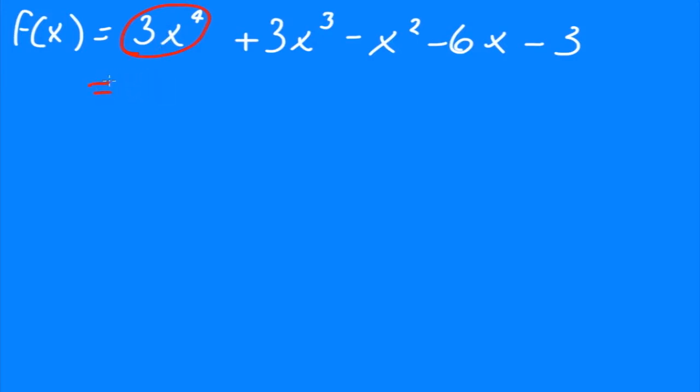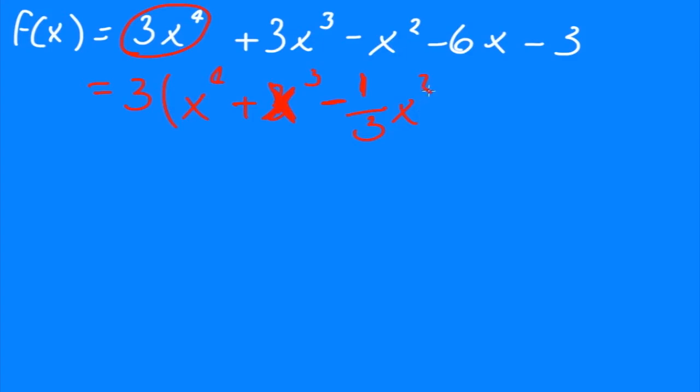So you're going to factor out the 3. 3 times x to the fourth gives me 3x to the fourth, and 3 times x cubed gives me 3x cubed. And 3 times what gives me a -x squared? 1 over the number that you're multiplying, so -1/3 x squared.